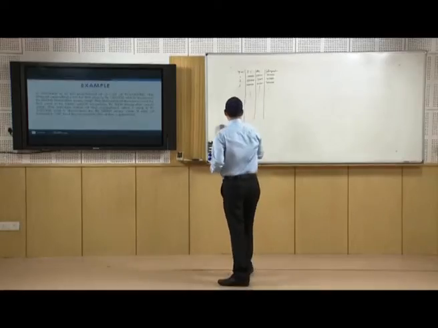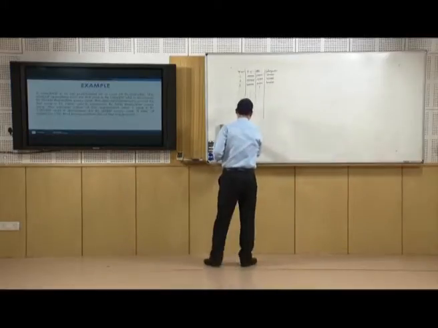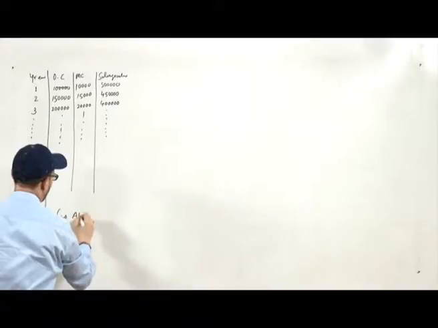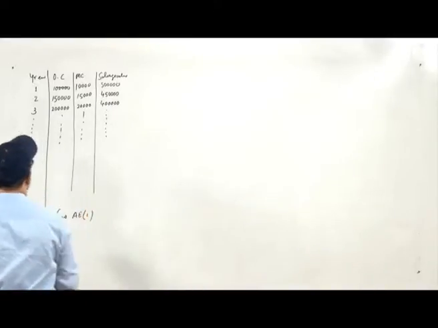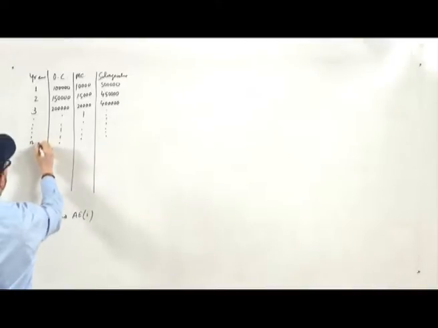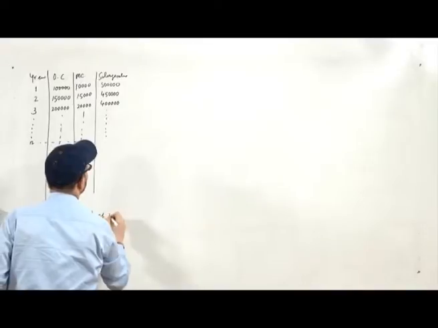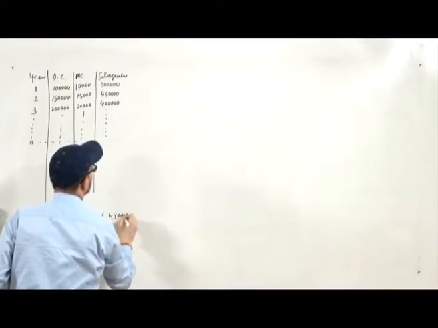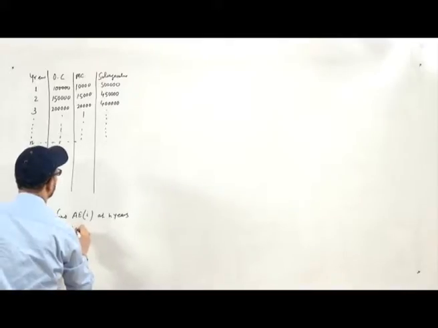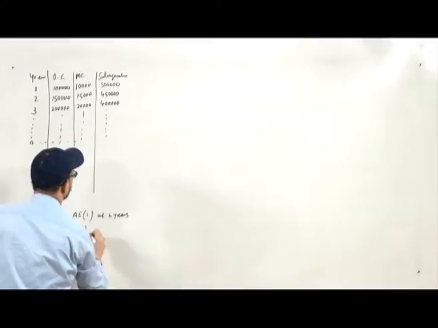Now, basically we have to find the AEI, the annual equivalent. Suppose at n years the AEI is minimum.